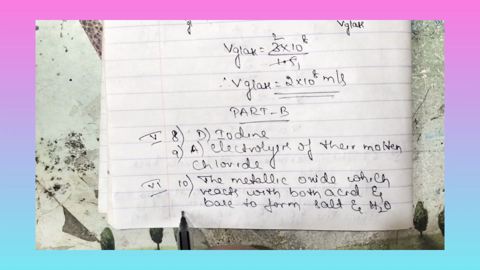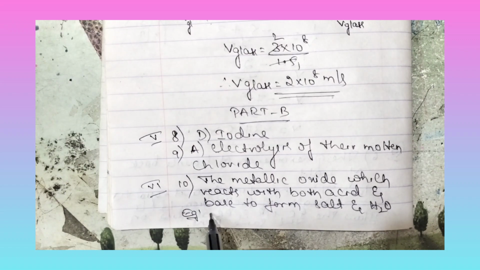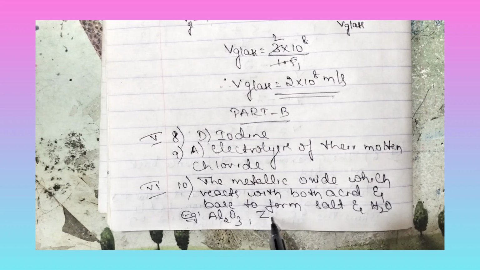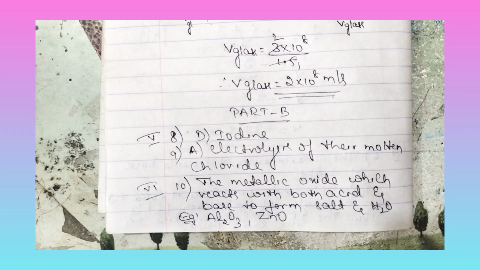Examples are Al2O3, aluminium oxide, and zinc oxide. These are examples of amphoteric oxides.